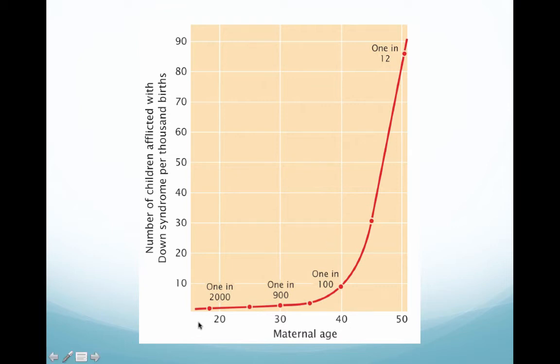So we've got a graph here that shows the maternal age, or the age of the mother, on the x-axis, and on the y-axis is the number of children that are afflicted with Down syndrome. We've got pretty normal rates through the 20s and through the mid-30s, and then we start to see an increase in individuals that have Down syndrome if their mother is over 38 years of age.